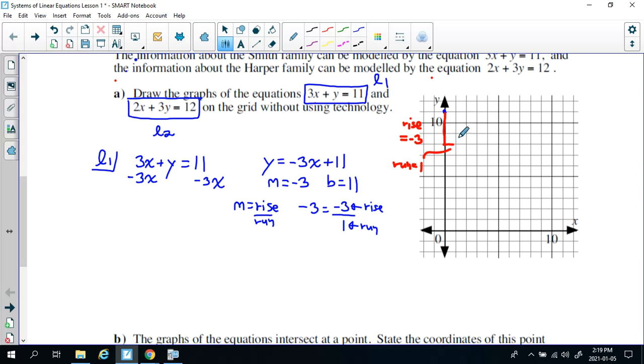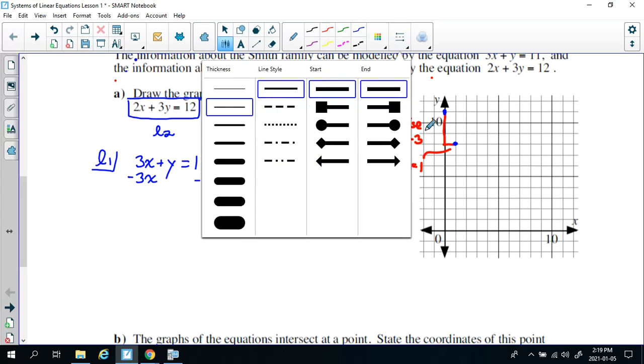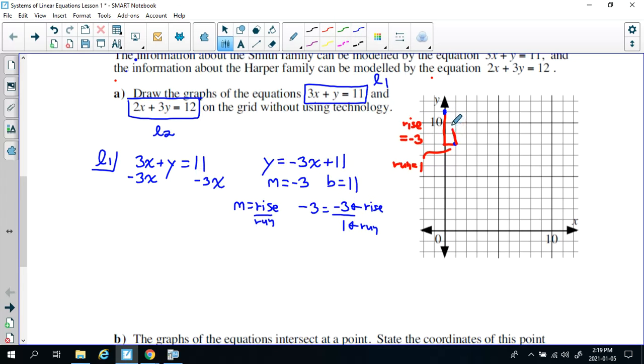At the end of this slope triangle, we can plot our second point, which is going to be located right here. All I need to plot a straight line is 2 points, so I just need to draw a straight line that goes through those 2 points. If you want to, by the way, we could fill in the slope triangle.